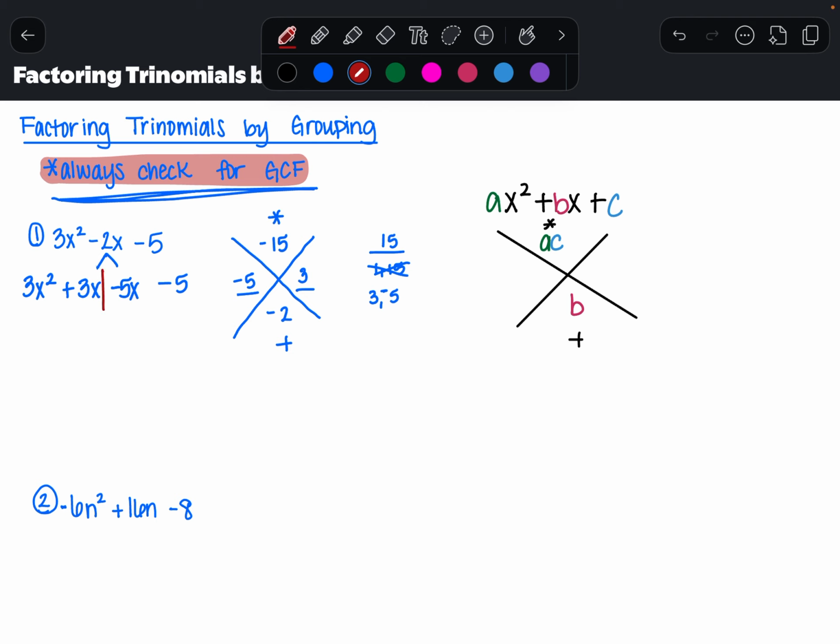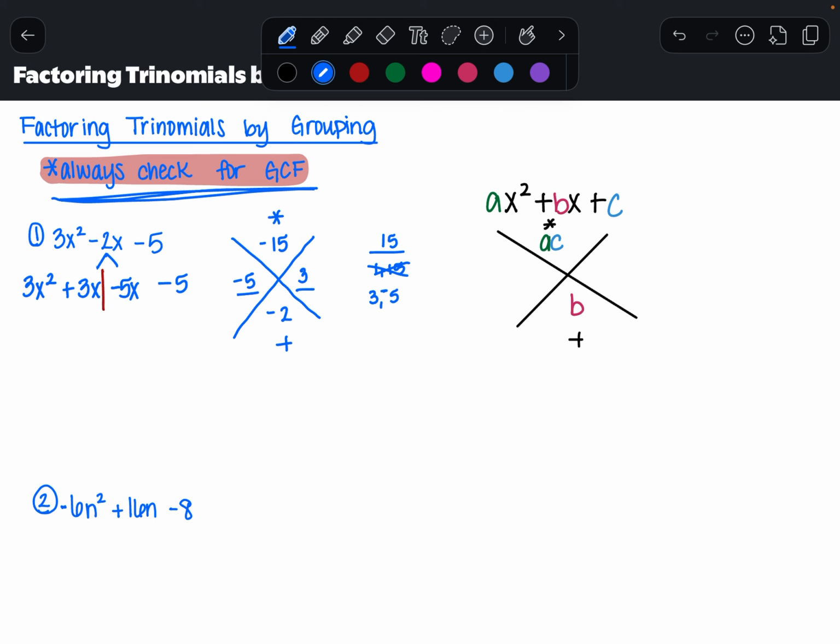Now we're going to divide this polynomial into two groups. How I do that is immediately after the second term, I draw a vertical line. Then we're going to factor out a greatest common factor from this first group.